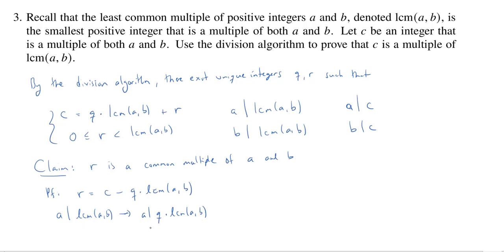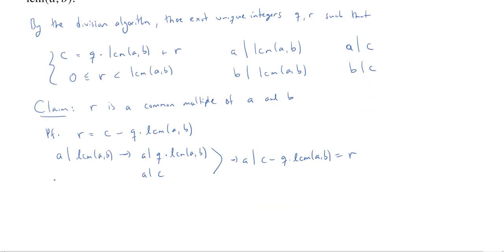So we also know that a divides c, and the combination of these two implies that a divides their difference, c minus q times the least common multiple, which we know is equal to r. All right. Of course, there was nothing special about a here. So similarly, b divides r. All right, so this shows that r is a common multiple of a and b.